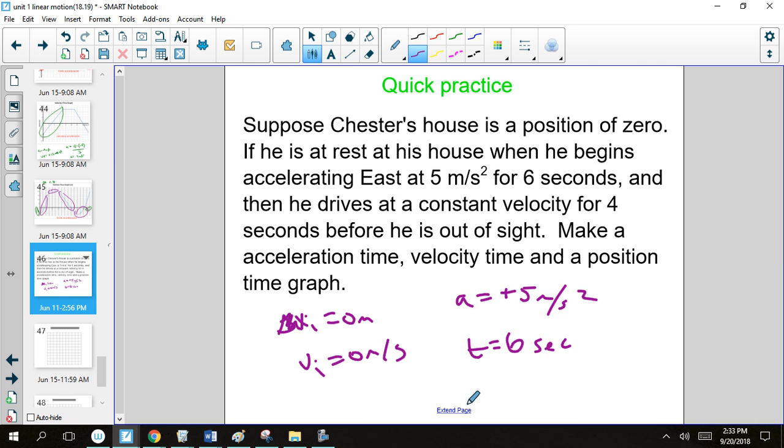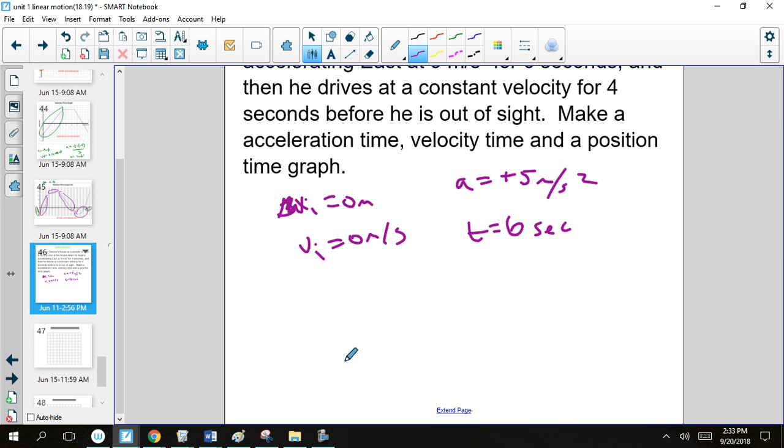Then, after that, he drives at a constant velocity, so whatever velocity he reaches, for 4 seconds. Make position, acceleration, velocity, and position time graphs.